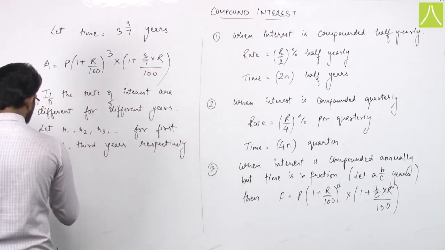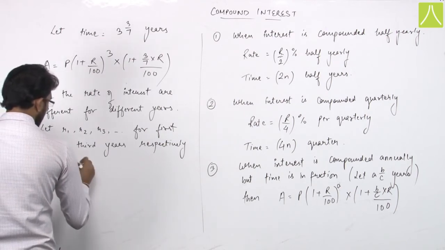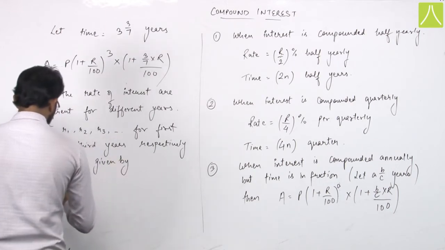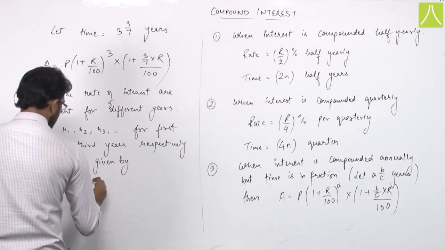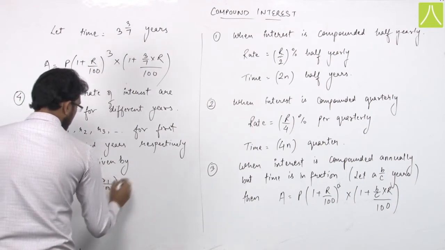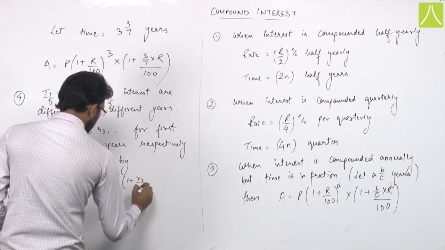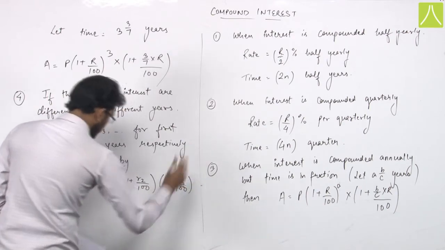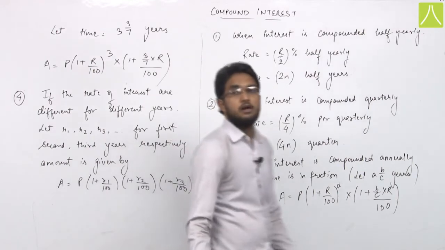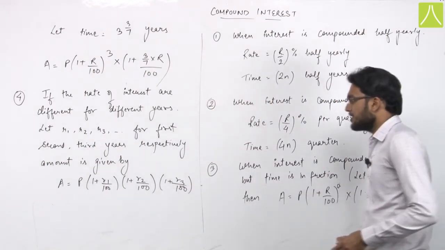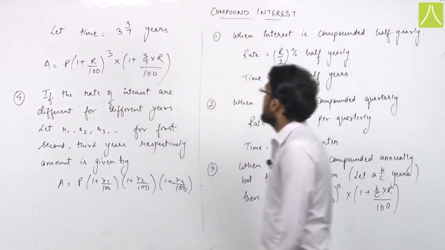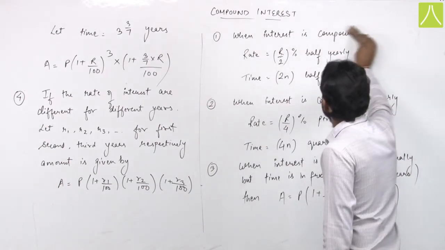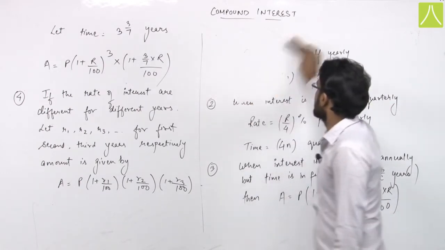Then in this case the amount is given by principal into (1 plus R1 upon 100) into (1 plus R2 upon 100) into (1 plus R3 upon 100) and so on. So this is the case when the interest is different for different years. These are some important formulas related to compound interest. Now we are going to study and solve a few problems related to it.